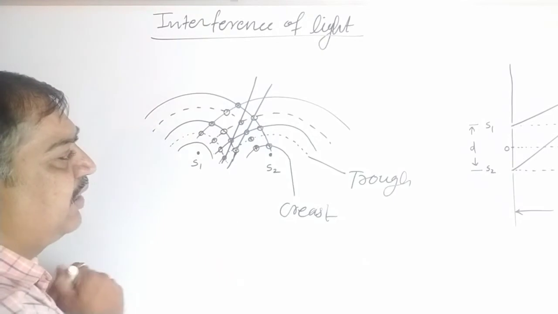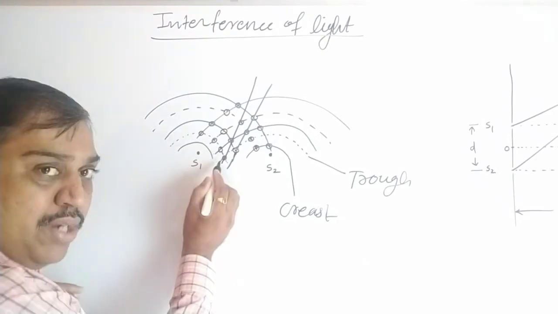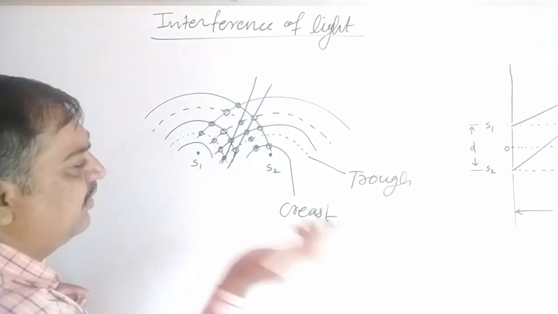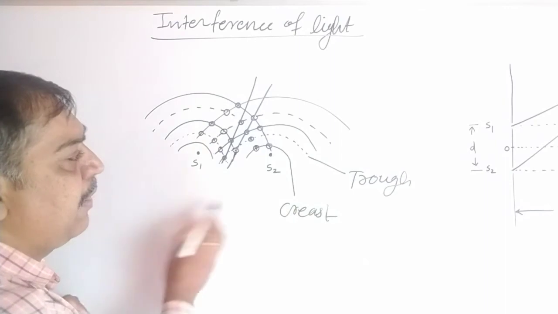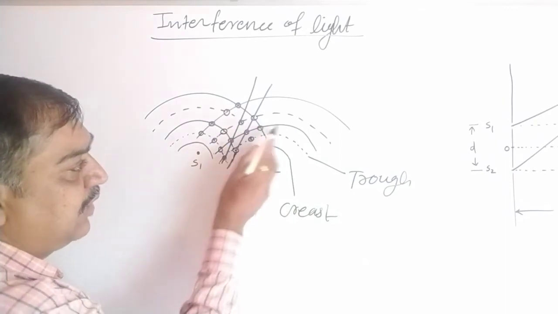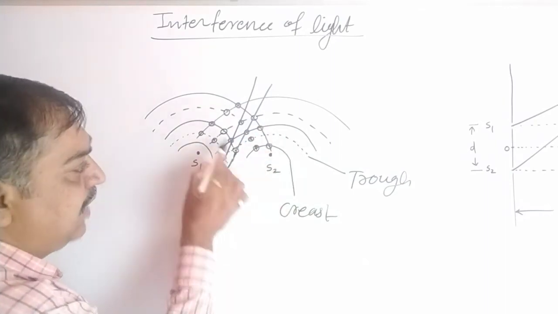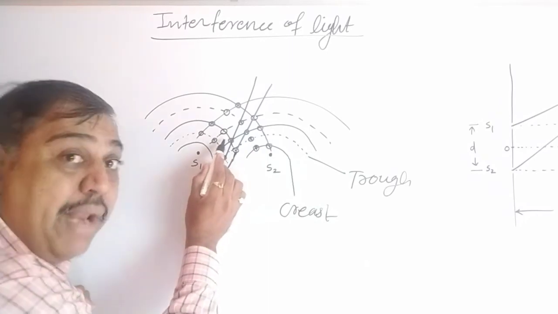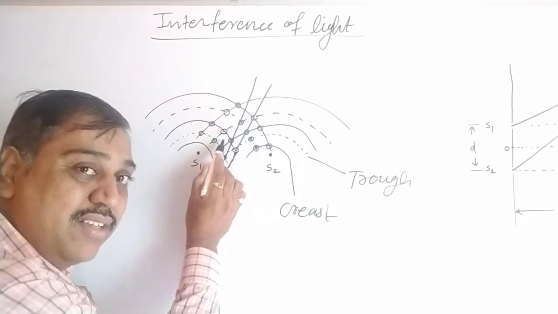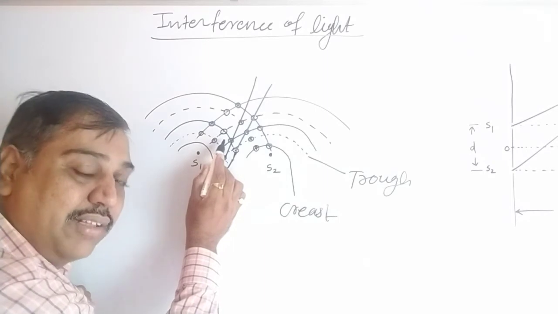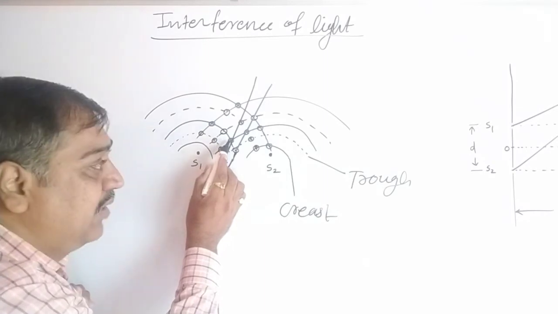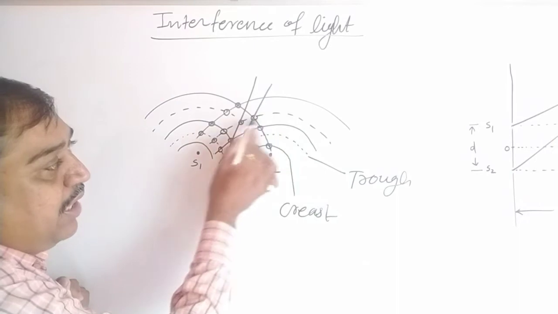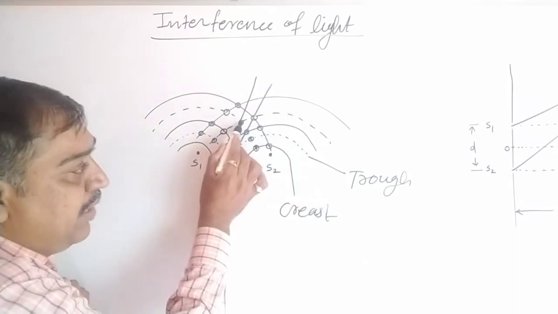Here I have drawn some blue points. Let's start once again. See here, this is the dark line, this is again the dark line, dark and dark matching here. So this point must be a bright point. Bright means intensity increases, and that is nothing but constructive interference. Similarly, this is a dotted line, this is again a dotted line, they meet together here.